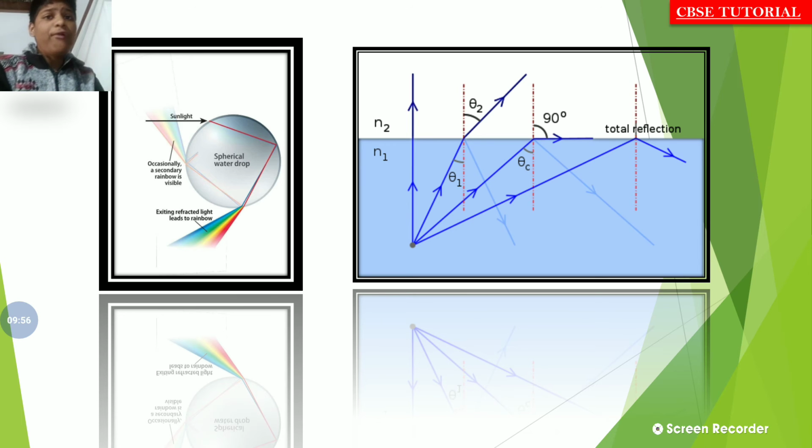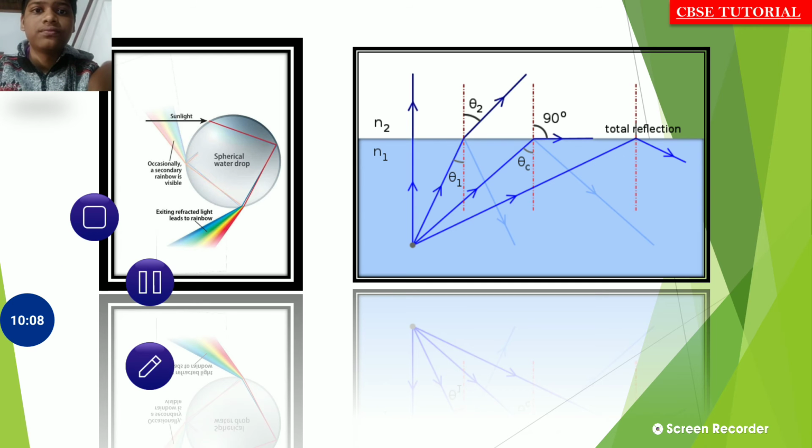And in case 4, when I increase the incident angle beyond the critical angle, instead of refraction, reflection happens, and that reflection is called total internal reflection. I hope you had understood this clearly.